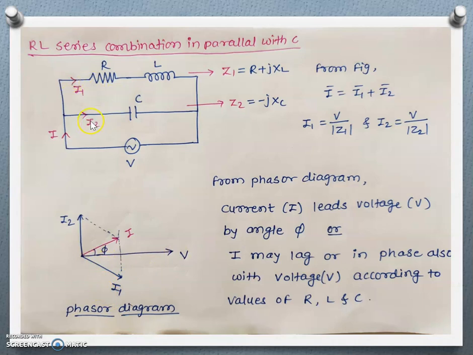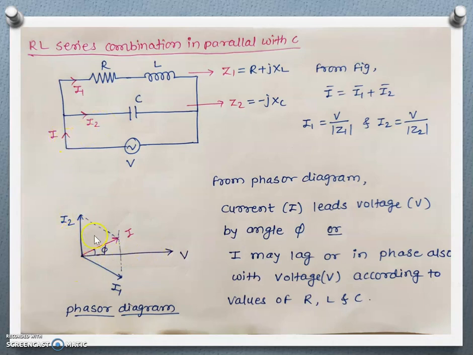And I2 is the current flowing through capacitor, which is pure capacitor, so I2 leads voltage by 90 degree.